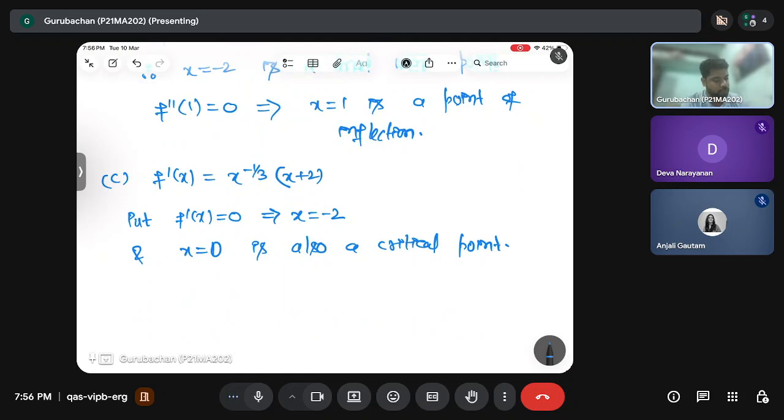So therefore we need to check minus 2 and 0.